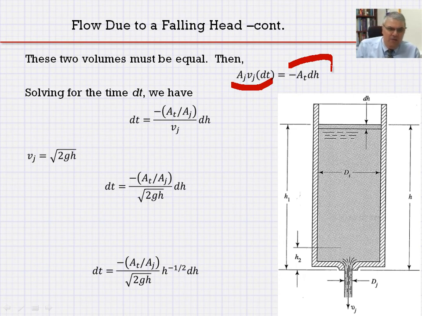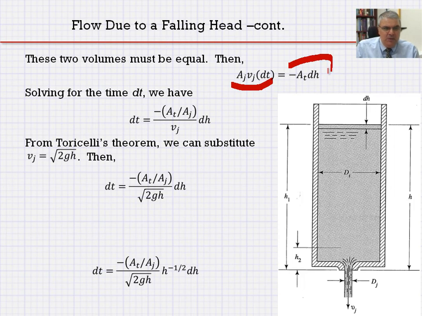They're the same Q, so they're equal. So if we solve for the time dt, we can calculate the dt from this equation as what you see here. Again, simple algebra. We go from here to this equation down here, and now we're going to apply Torricelli's theorem.